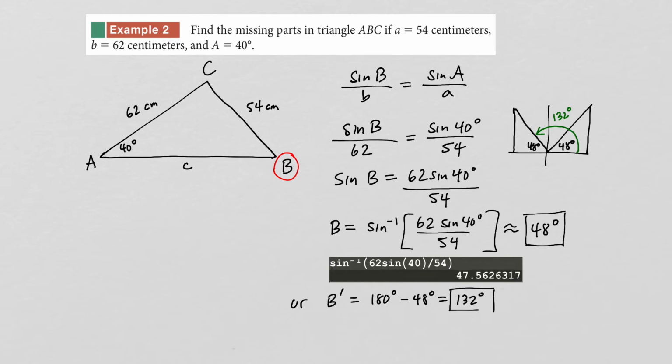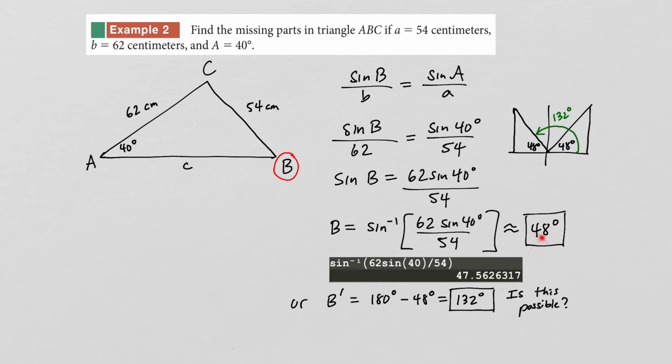Now, once you find that other possible solution, you have to ask yourself, is this possible? Can angle B actually be 132 degrees? Well, to answer this question, you need to consider the angle that you had in the beginning. The angle in the beginning was 40. Now we're saying B could be either 48 or 132.